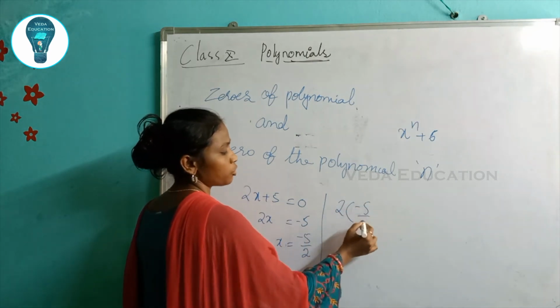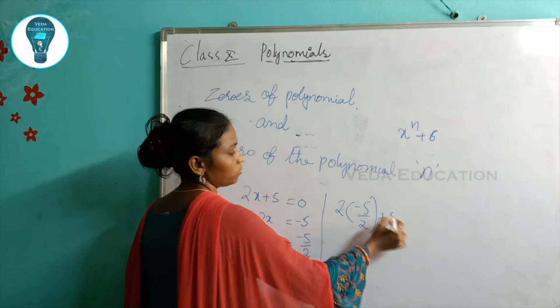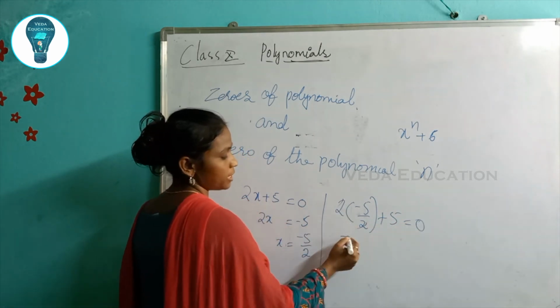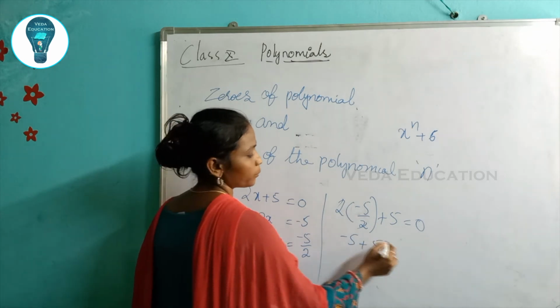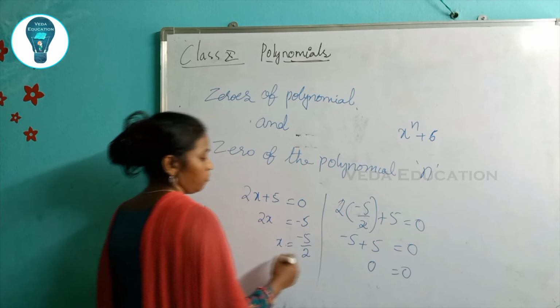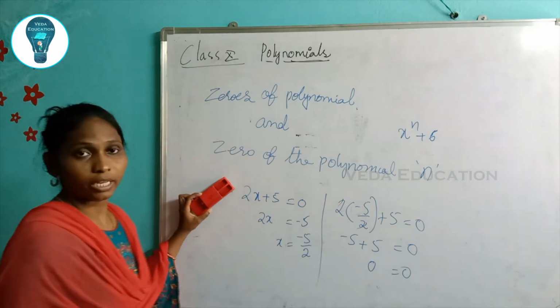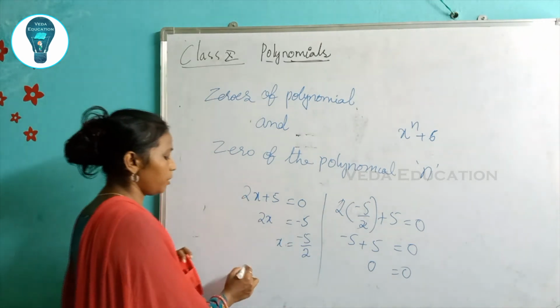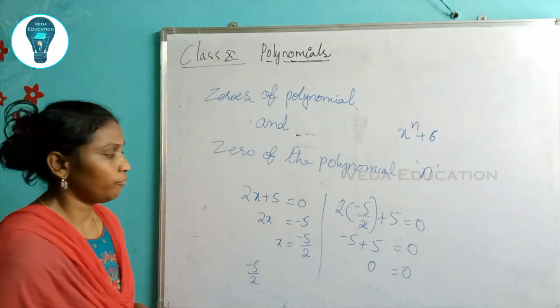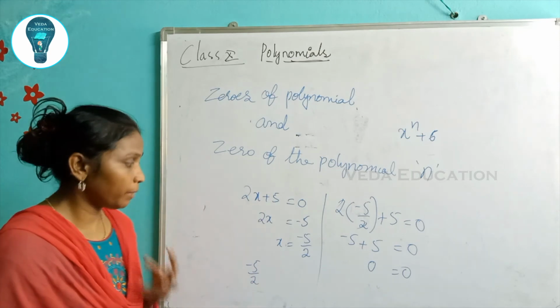In x place I substituted minus 5 by 2. Do we get 0 or not? Check once. 2 gets cancelled and minus 5 plus 5 equal to 0. And it becomes 0. Now, what is the zero of the polynomial for the given linear polynomial? Minus 5 by 2. So this is the zero of the polynomial.